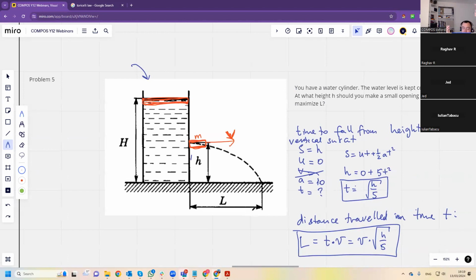The water level is kept constant, but in order to find the speed, we need to keep the water level constant just to make sure that the speed doesn't change. So that's why we say we keep adding water.